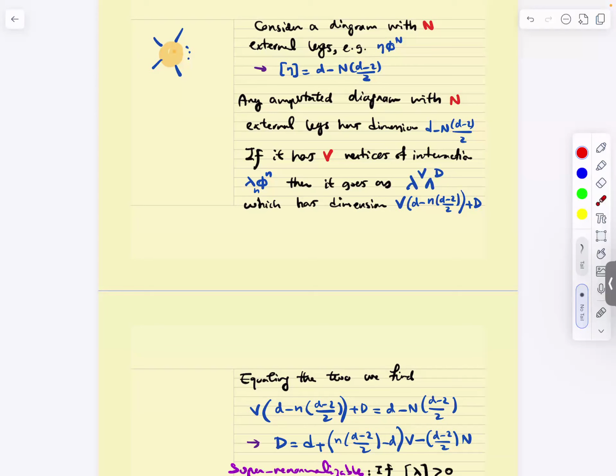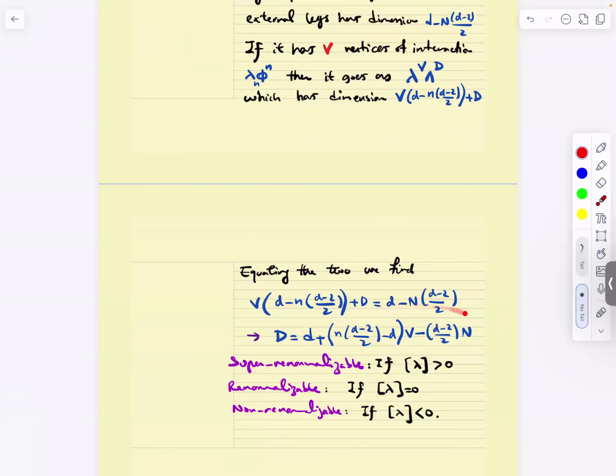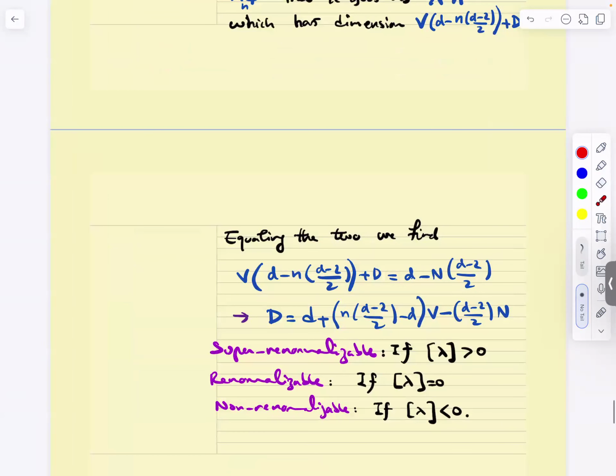So V times the dimension of lambda plus d minus N times (d minus 2) over 2 has to be equal to little d minus N times (d minus 2) over 2. You could rearrange this to find the following formula. What is this formula? This formula writes the superficial degree of divergence in terms of the number of vertices and external legs for a theory with lambda phi^n.